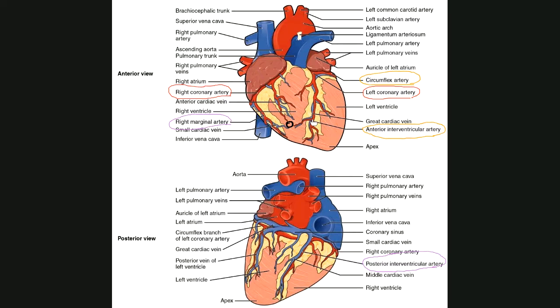Exactly. When one of these arteries is blocked, when one of these arteries has a clot inside, the other arteries can supply that specific part.